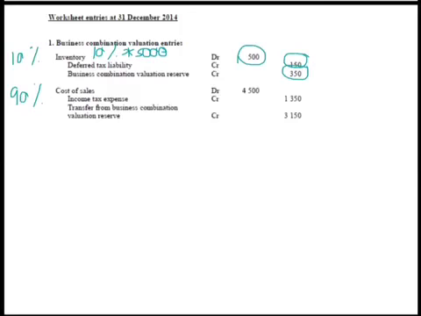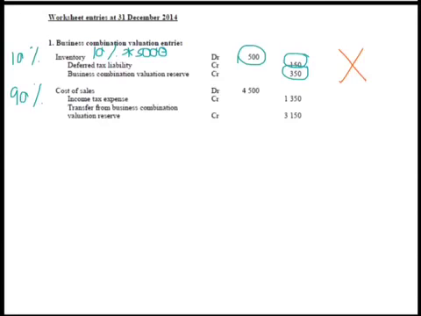And that's our normal inventory BCVR adjustment for revaluing our inventory to fair value. Of course, by the time that inventory has been sold, in following years, this entry will not be made anymore. So we only make this entry for inventory if there's any inventory on hand.